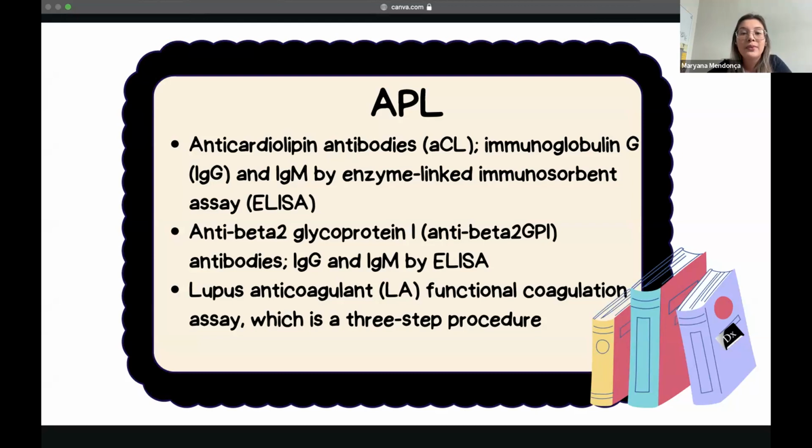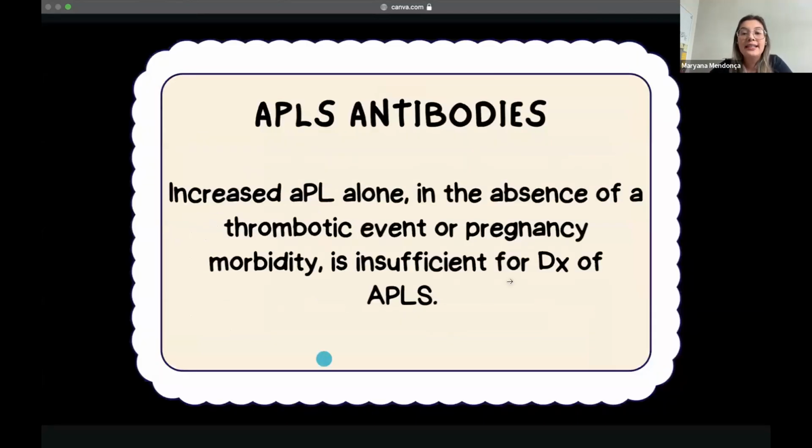So it's interesting to measure all of these antibodies to better characterize your patient as low risk or high risk. And something important is that increased APL alone would not close the diagnosis of APLS. You need to have a thrombotic event or pregnancy morbidity to have the diagnosis of antiphospholipid syndrome.